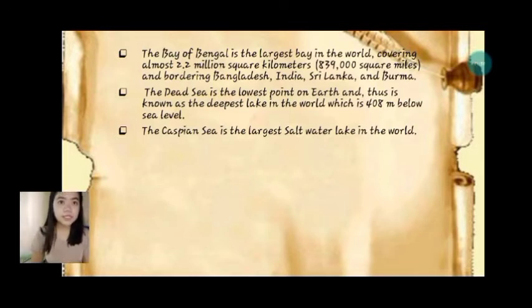Next is the Dead Sea. The Dead Sea is the lowest point on earth and is thus known as the lowest lake in the world, which is 408 meters below sea level. And the last one is the Caspian Sea, the largest saltwater lake in the world.